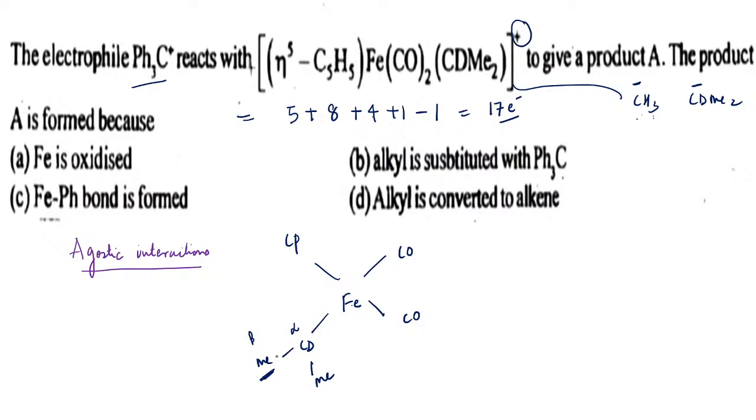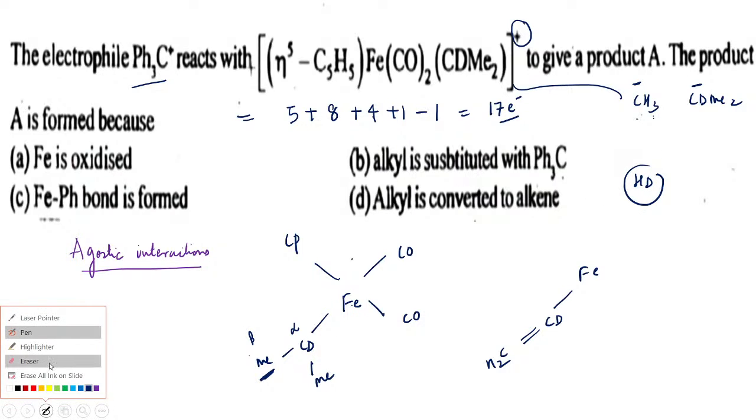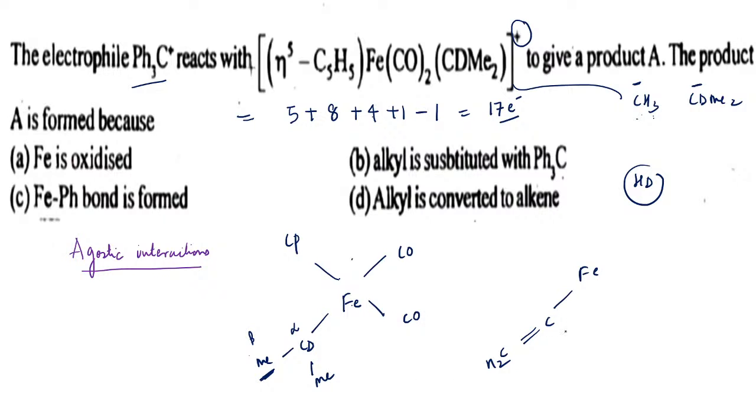So what's going to happen? This system will get converted to your alkene, and this hydrogen will be moved to the iron. So basically this will convert like this: you have CD with a double bond, and then CH2. There is removal of this hydrogen and this deuterium, so there is removal of an HD bond, and this is going to be your final product, with Me, then the 2 carbonyl ligands and the Cp ligand.